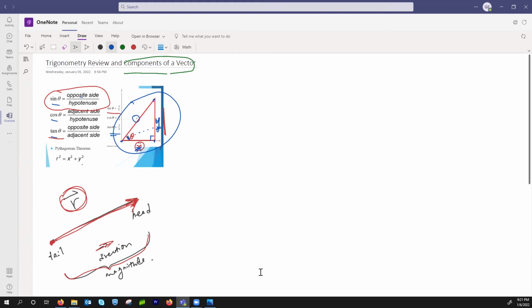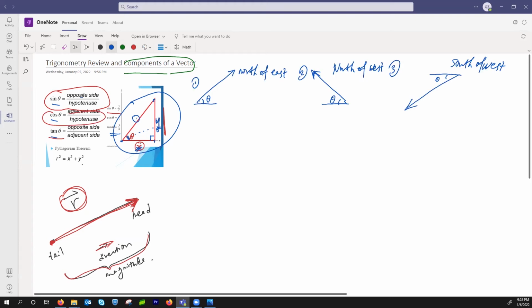Let's see a few examples. Okay, let's have 3 examples of different vectors. In the first case, we have a vector here with north of east. Let's assume that this is the starting point at the tail. So going to the right, which means east, and then going up, which means north. So it's a theta degree north of east.